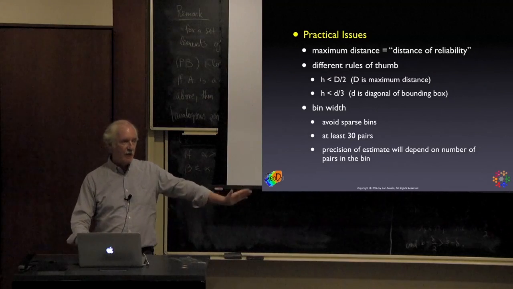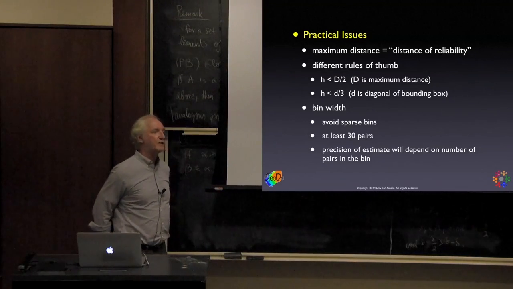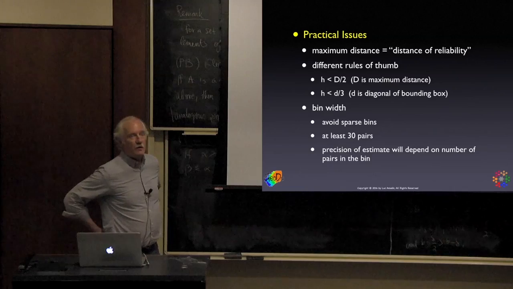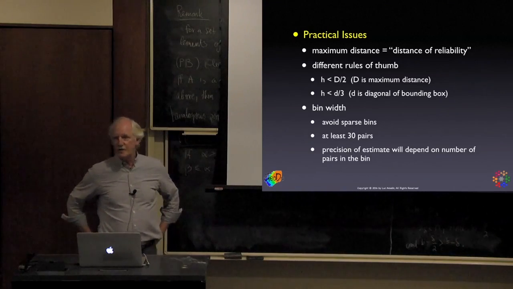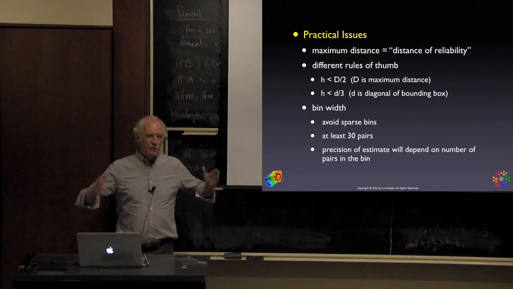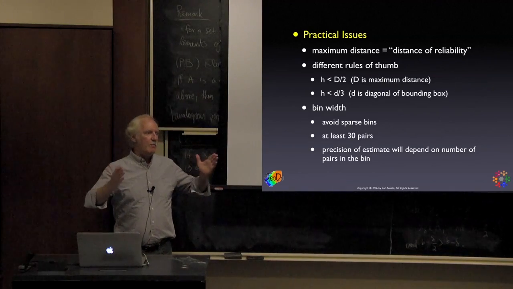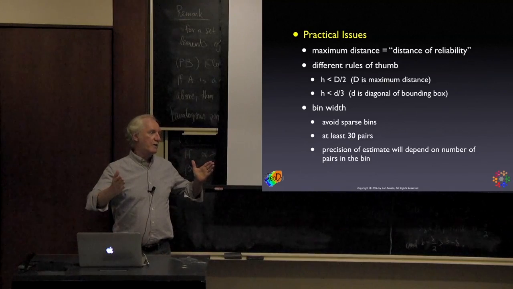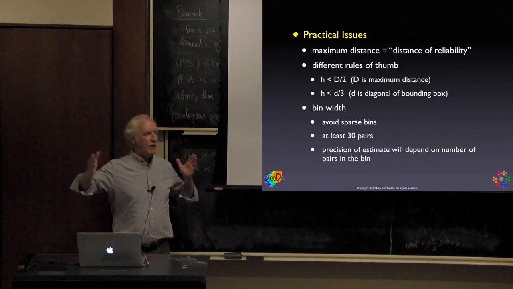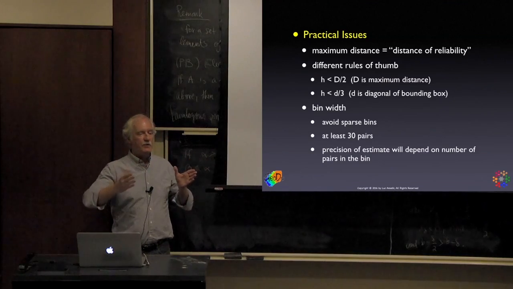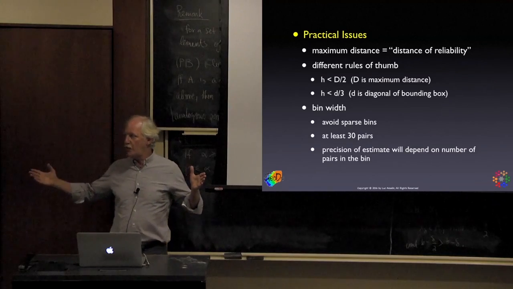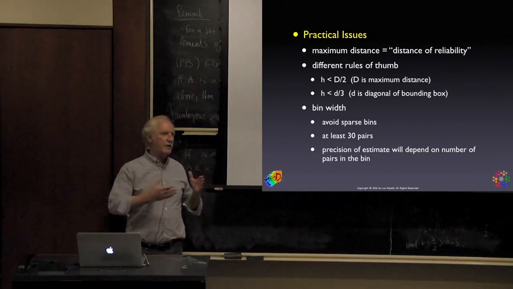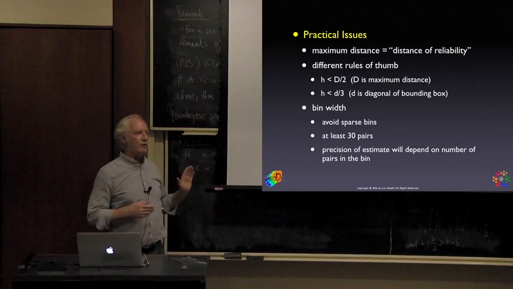So there are all these practical issues. We already talked about this before in the context of the covariogram. What is the maximum distance that we bin to? At some point, the information about the square differences is really not very relevant because the pairs are too far apart and it doesn't tell us anything about the sloping of the curve.